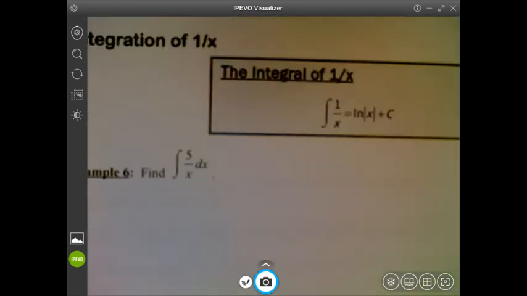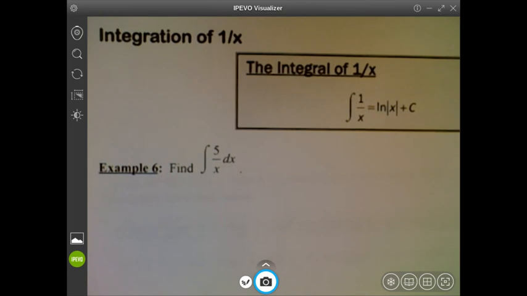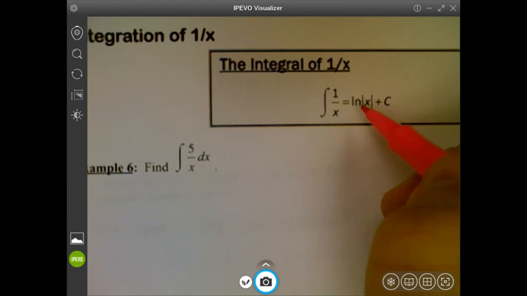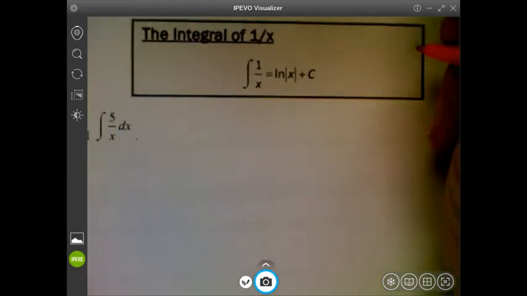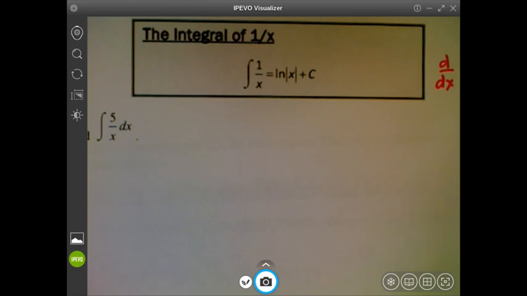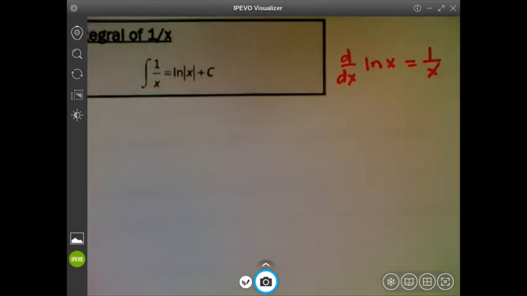All right, we are going to continue to move right along here. So integration of 1 over x. If you have the integral of 1 over x, its integral is the ln of the absolute value of x plus c. Because if you remember, the derivative, I'm just going to write it off to the side, of the ln of x is 1 over x.